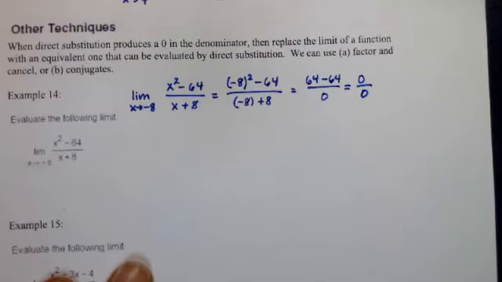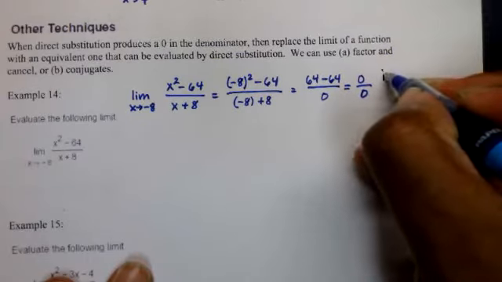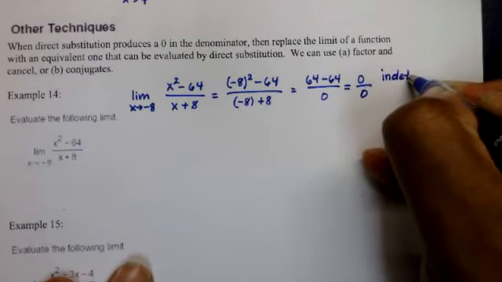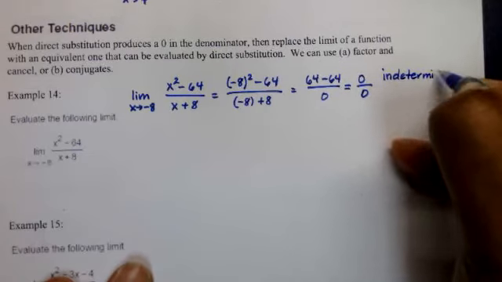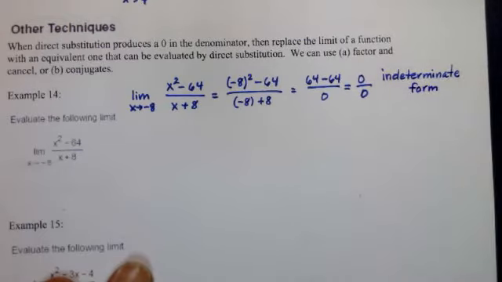And I do have a 0 in the denominator. By the way, 0 divided by 0, we call that indeterminate form. Since we produce a 0 in the denominator, we're going to have to try writing this in a different way so that we can evaluate this using direct substitution.